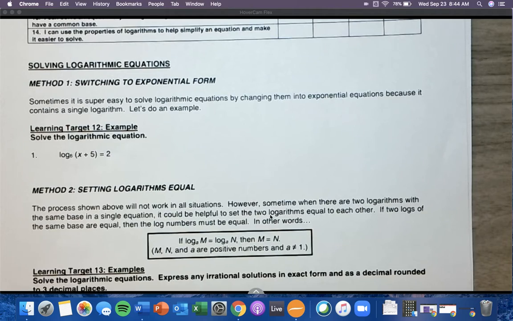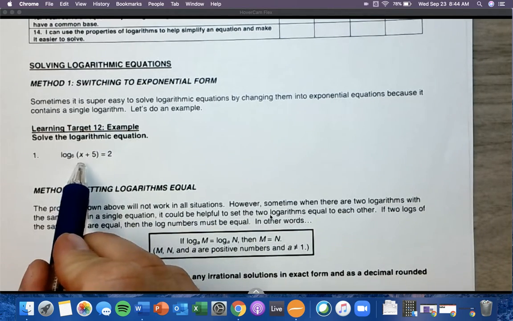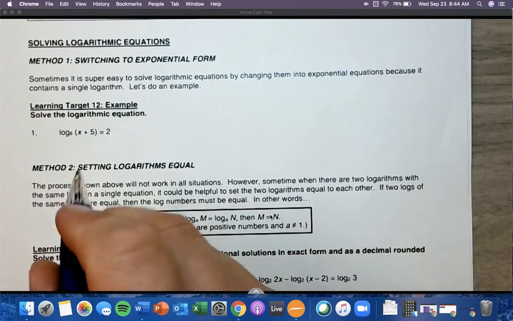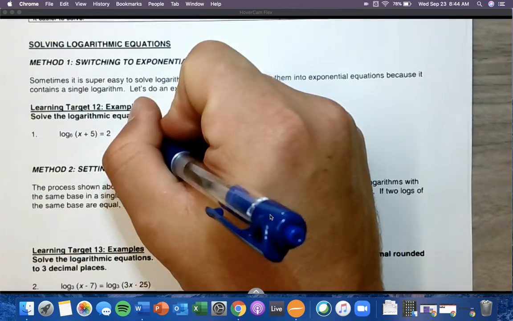Because the variable is inside the logarithm, it might be easier to switch to exponential so that we can isolate that variable. So we can rewrite this using our transformation. Here's our base of 6.